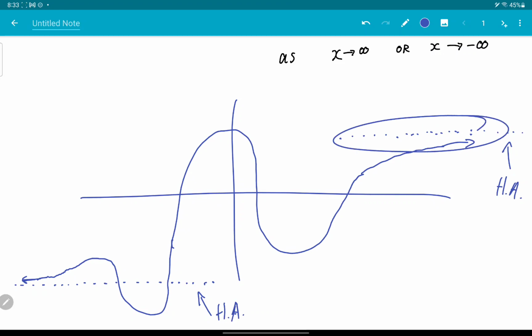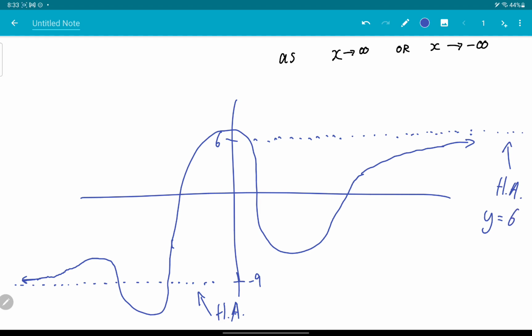So for example, this one right here, let's say the continuation hits at 6 here. Let's say this one here would be minus 9, why not? So this horizontal asymptote would be the horizontal line y equals 6.